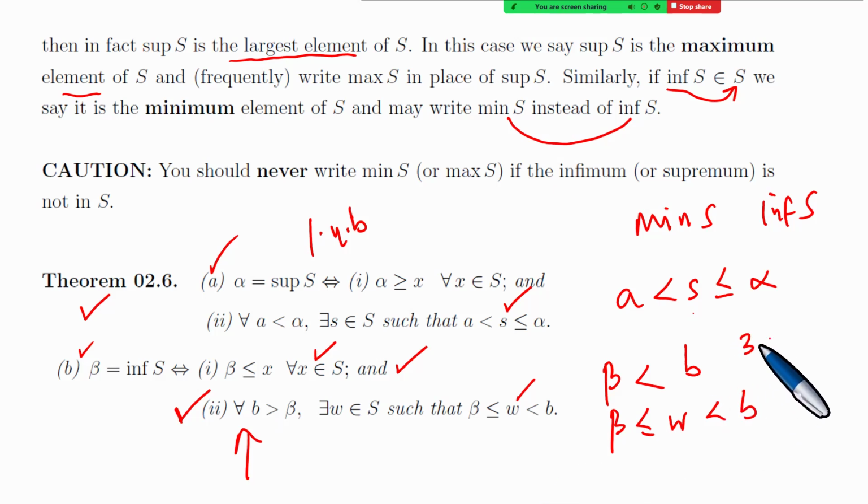I mean, you can have 3 is smaller than 5, and then you can agree that you can put a number between them. Is 2 okay? 3 is not less than or equal to 2.